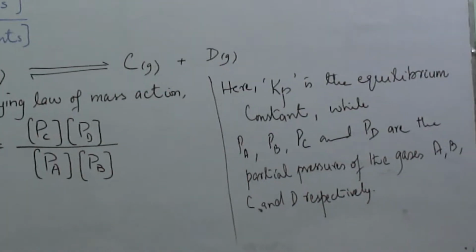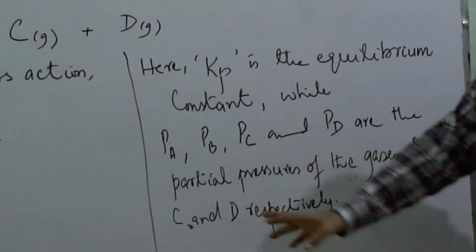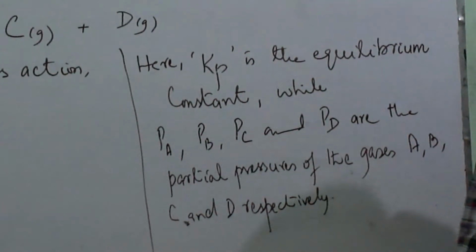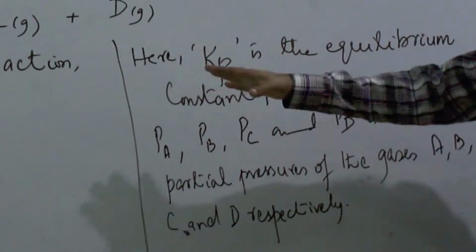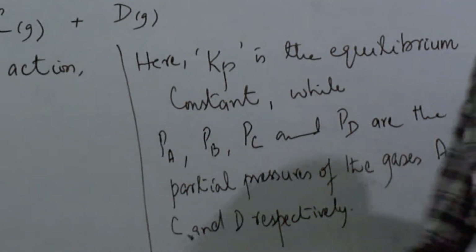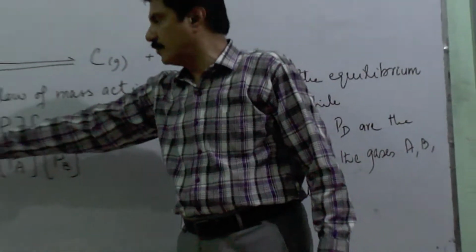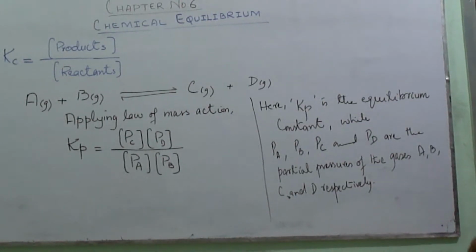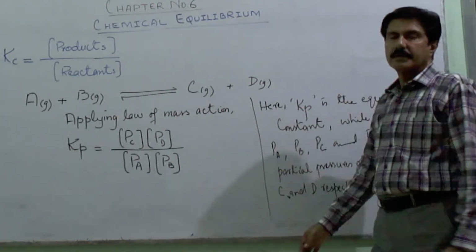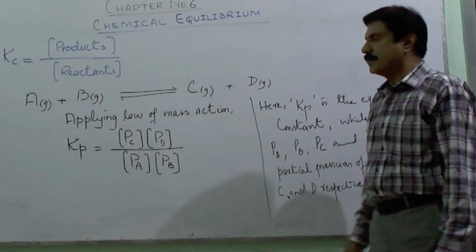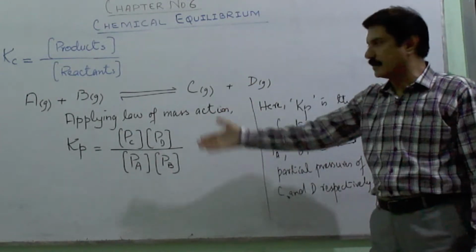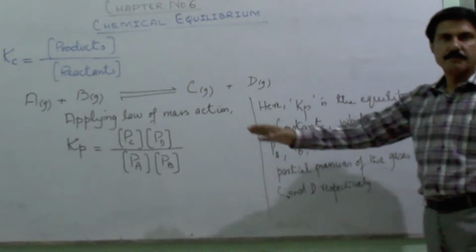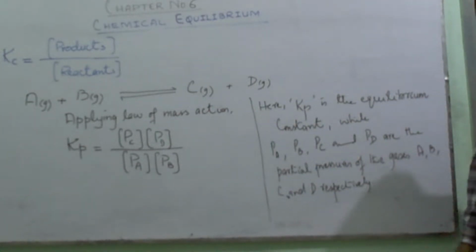So dear students, you must note here that for any chemical reaction which is taking place entirely in the gaseous phase, we can use the equilibrium constant Kp, where the letter P represents the partial pressure of those gases, while if the same reaction is carried out in the entire liquid phase, the equilibrium constant used will be Kc rather than Kp, where the letter C represents the concentrations of the reactants and products.